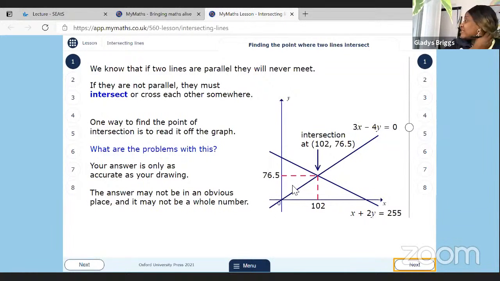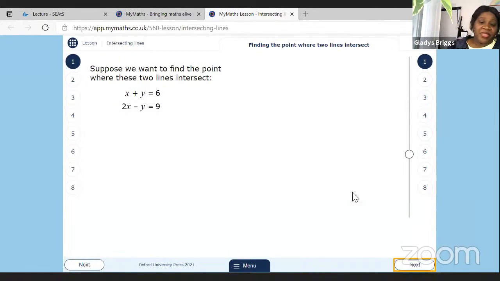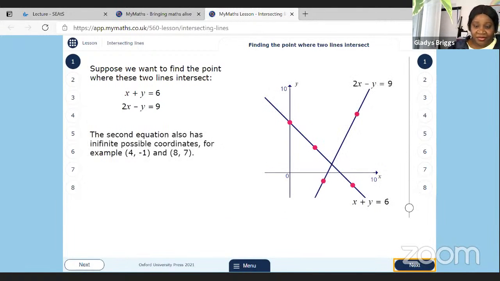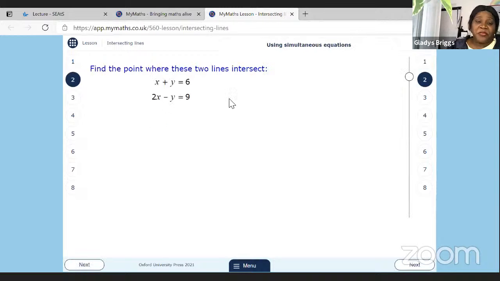The algebraic method is always better to use because it gives you the actual solution. So if you want to find the points where these two lines intersect, we're going to use simultaneous equations instead of the graphical method.